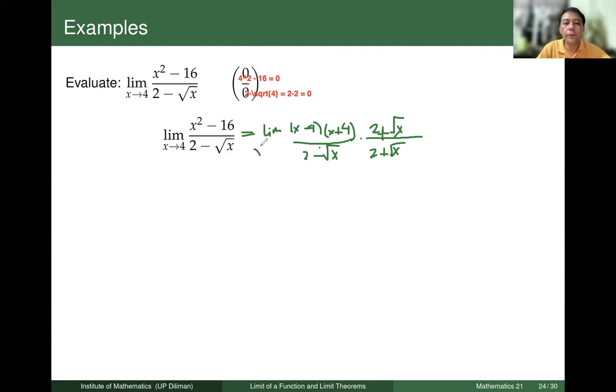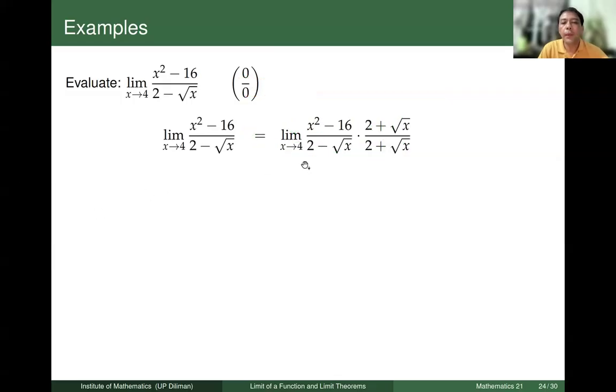As x is approaching 4. So, ito yun, no? Here. Okay.